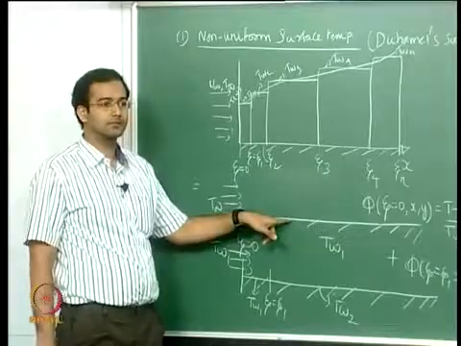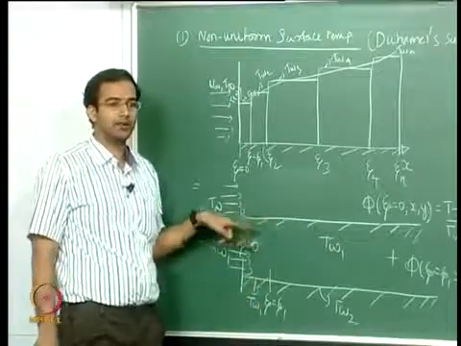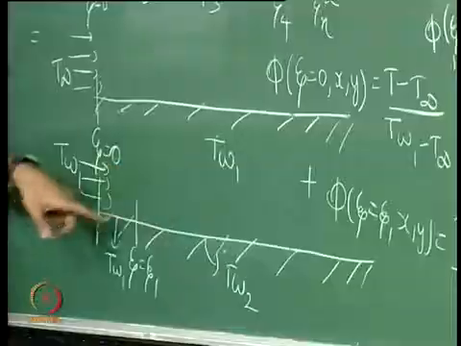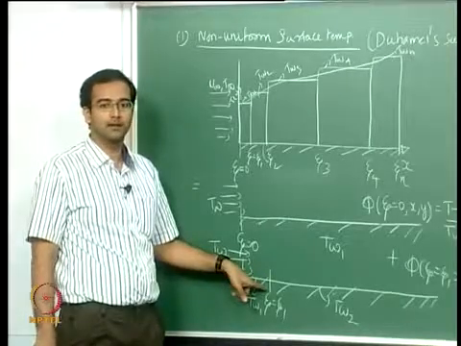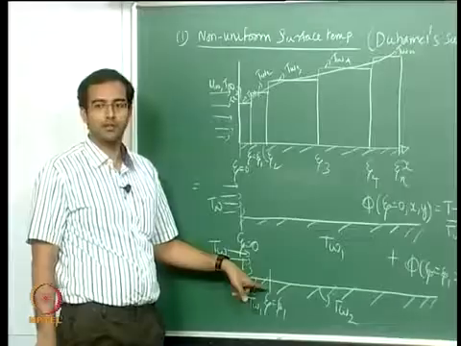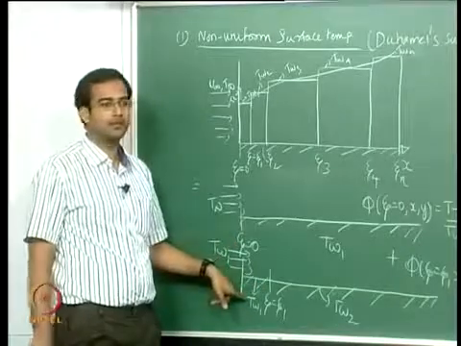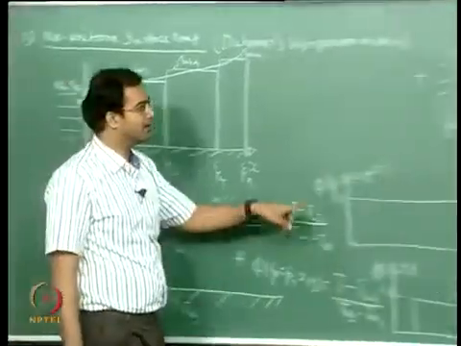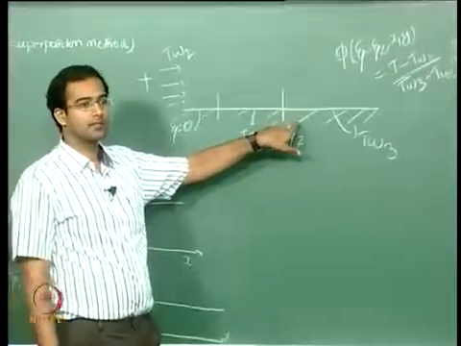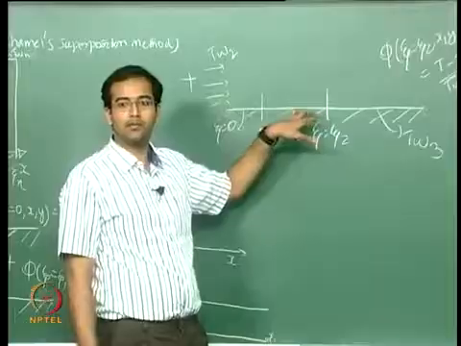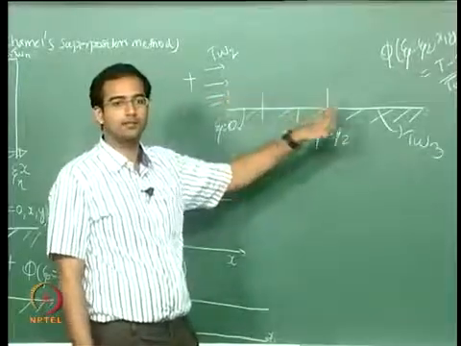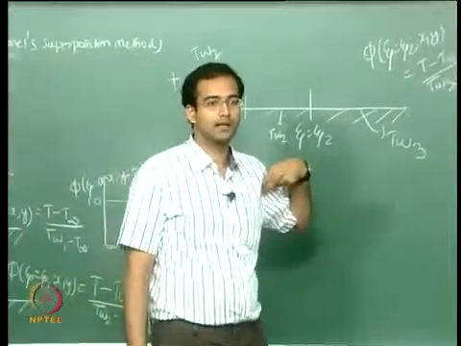Till this region you already have a solution, so you do not have to solve for anything here. So you maintain an unheated starting length forcibly by maintaining the free stream temperature, and the same way here. Okay, so you already have solved from here to here, so you maintain the same temperature equal to the free stream temperature so that there is no heated length.